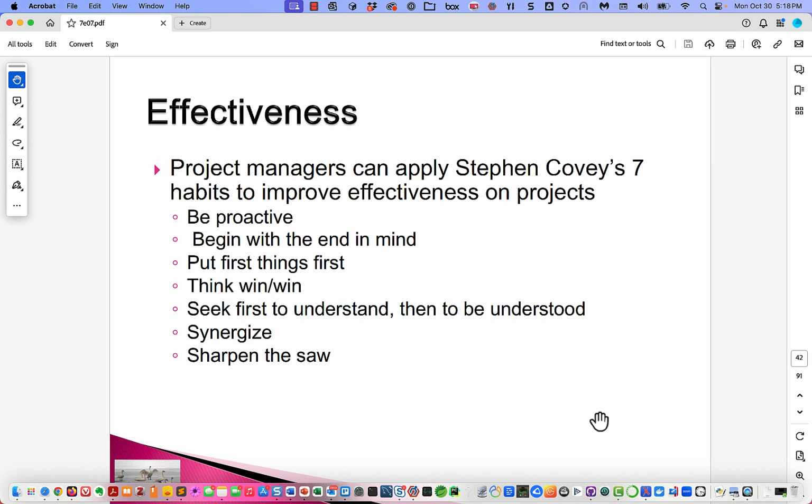My favorite one is sharpen the saw because for me, as a project manager, that was more likely my blind spot. The idea here is to look for opportunities to change the way that we're doing things, to improve a tool, to improve a process.